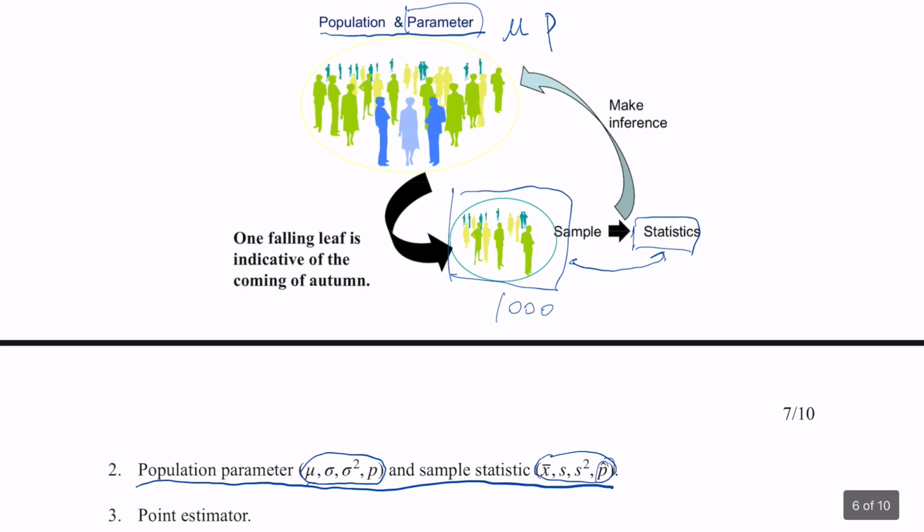So if you use a population parameter in your formula, it implies that you are guessing. But if you use a sample statistic in your formula, it implies that what you are calculating is concrete based on your sample.